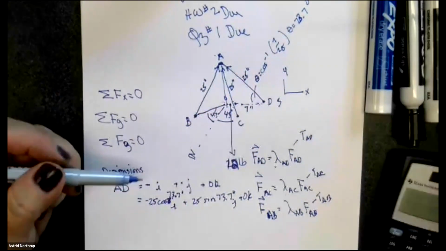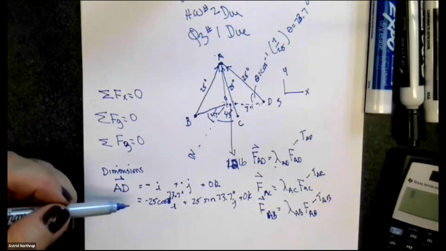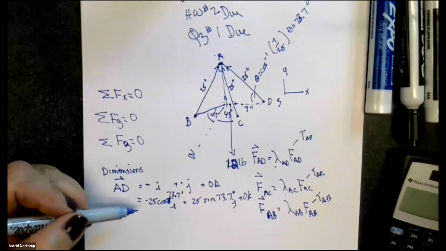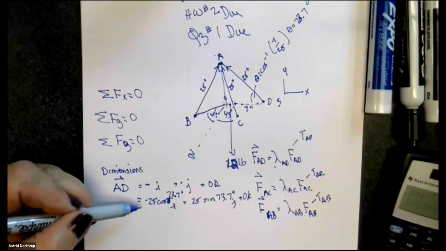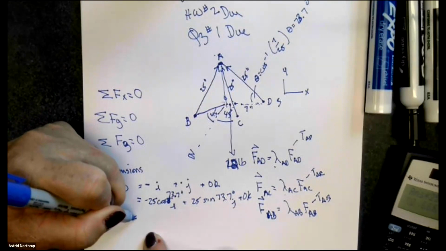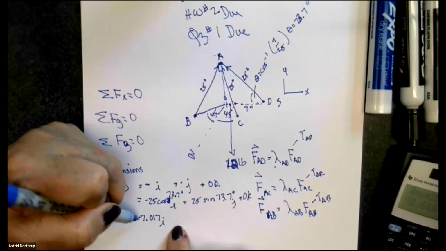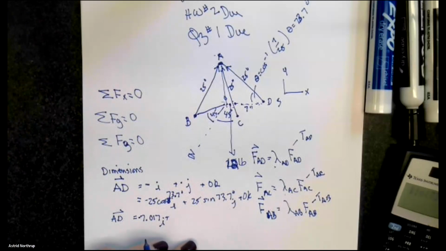All right. So we have cosine of 73.7, multiply that number by 25. We get the x component is negative 7.017 I, plus 25 times the sine of 73.7.